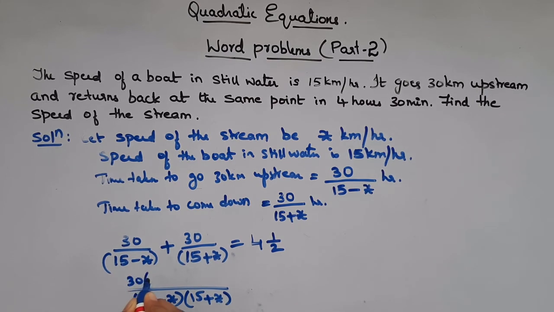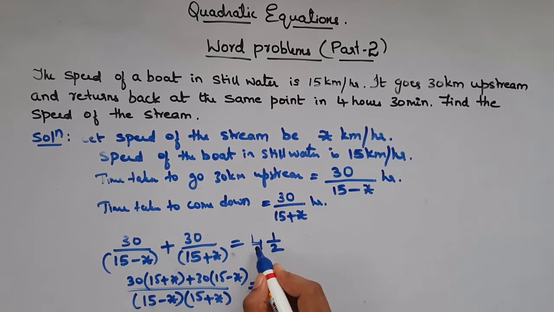So 30 into 15 plus x plus 30 into 15 minus x, which is equal to 4 twos are 8, 8 plus 1 is 9, so 9 by 2, right? So we have to further simplify this, but before that, pause the video and note this down.